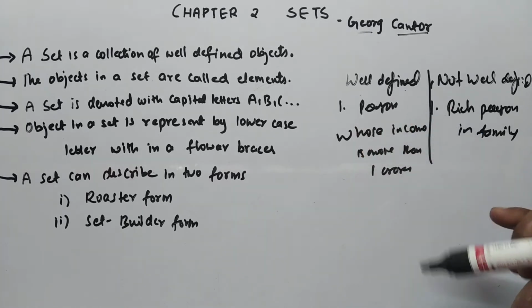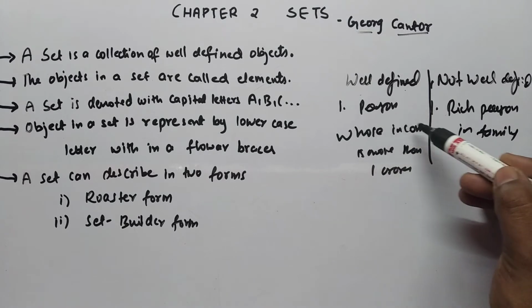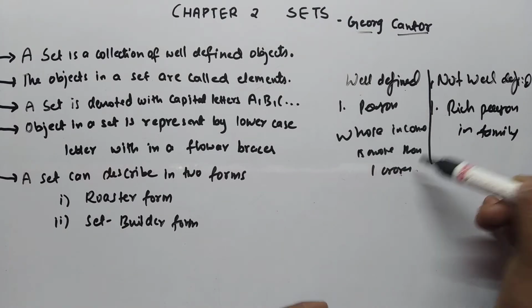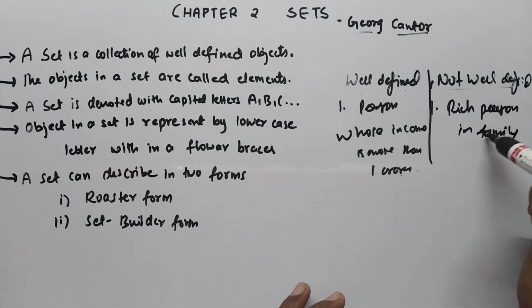You need to define the objects well. For example, a person whose income is more than 1 crore, obviously he will be a rich person. But just saying a rich person in the family is not a well-defined object.